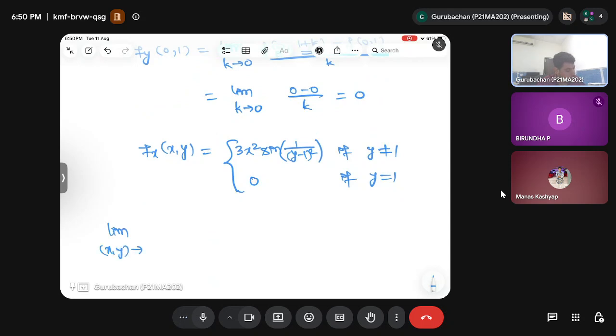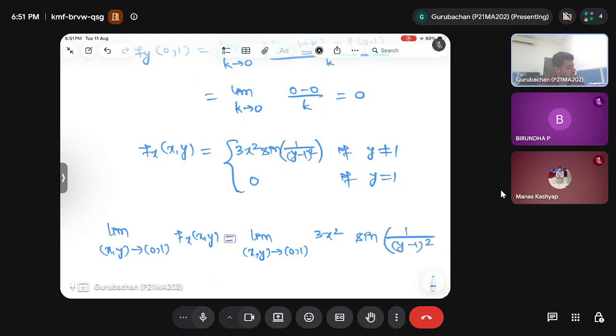So now, obviously, again with the same reasoning, the limit as xy tends to 0 1 of fx xy is continuous. Let us do it. So xy tends to 0 1 of 3x square sine 1 by y minus 1 whole square.